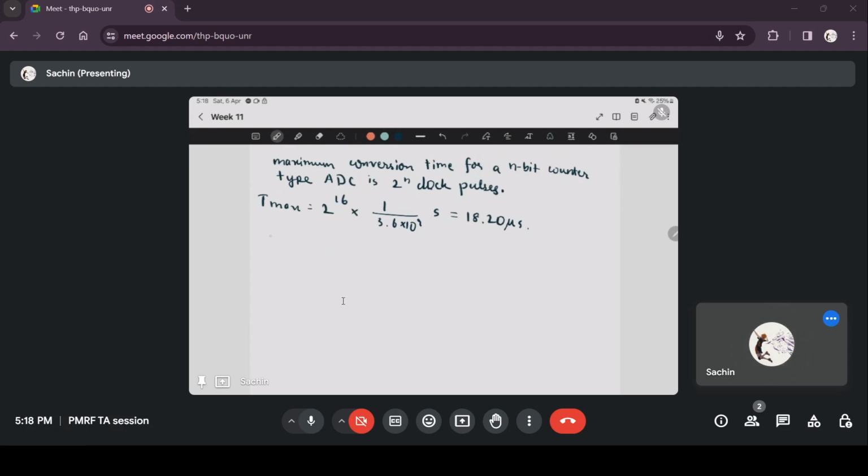And the analog input can lie anywhere between the min and max voltage range with uniform probability.